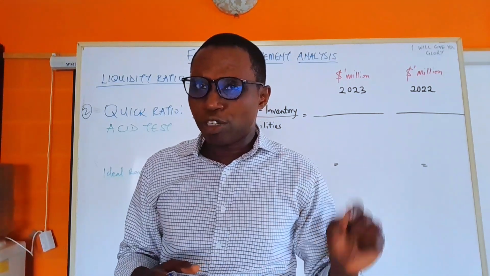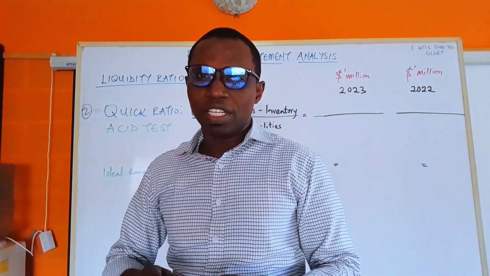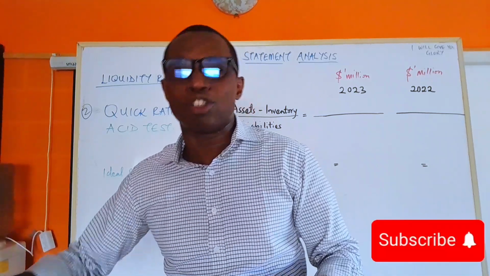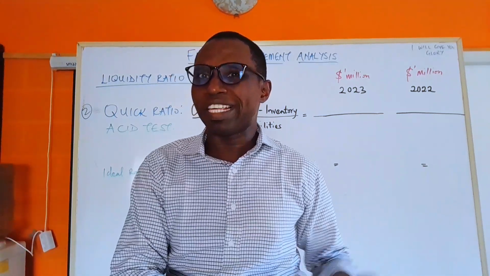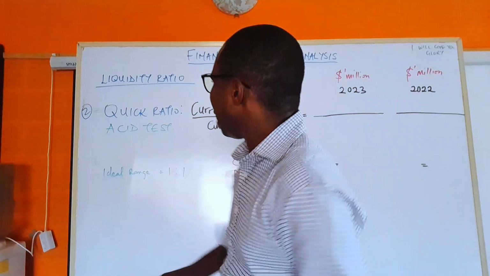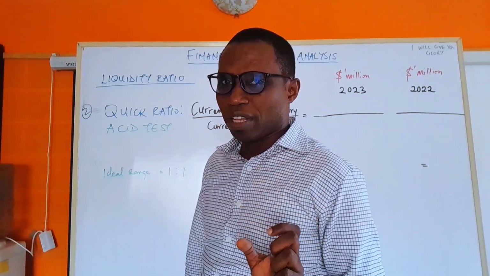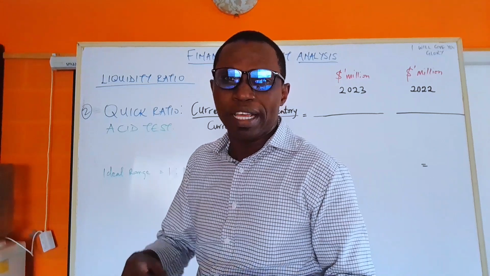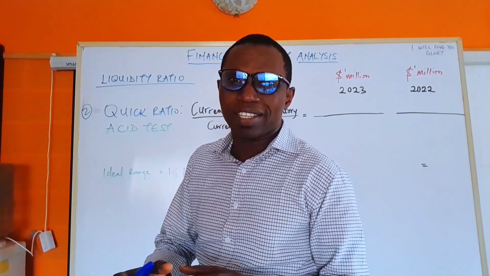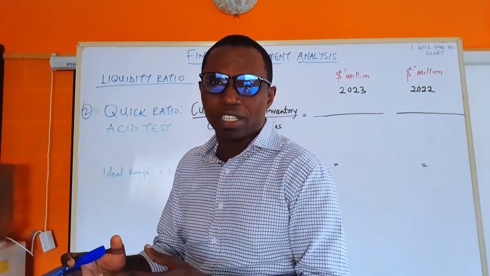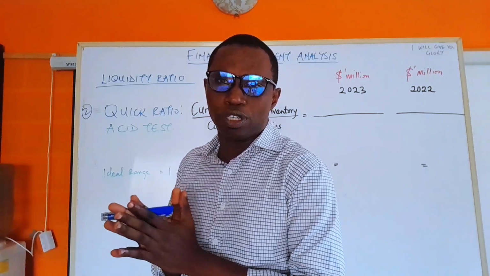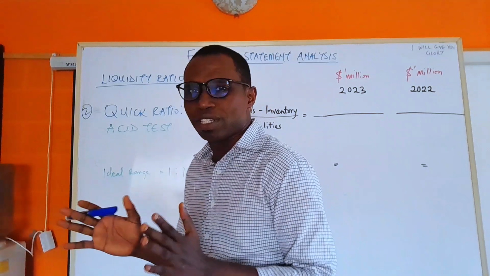So that's why inventory needs to be deducted, since it may take time before inventory is sold. So that's why inventory is taken out of that equation. And another name for quick ratio is acid test ratio. It means how quickly can the company turn their current assets into cash without the inventory. So that's just the simple.